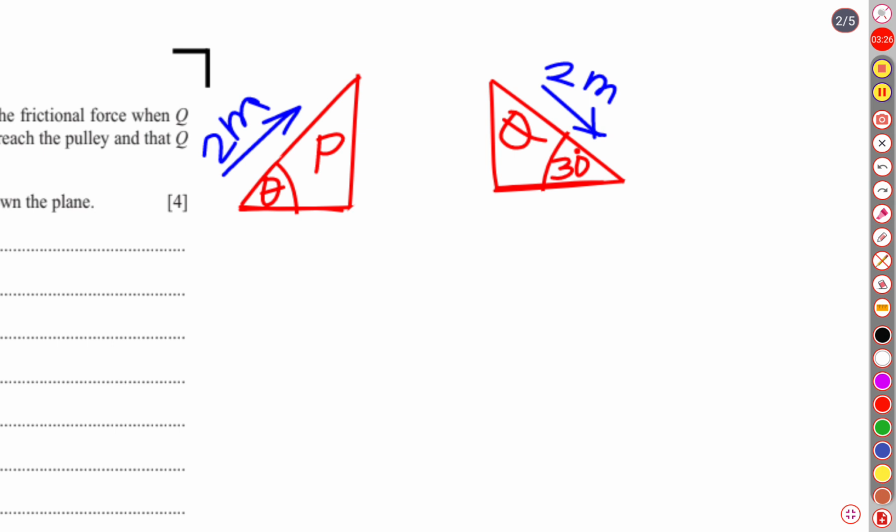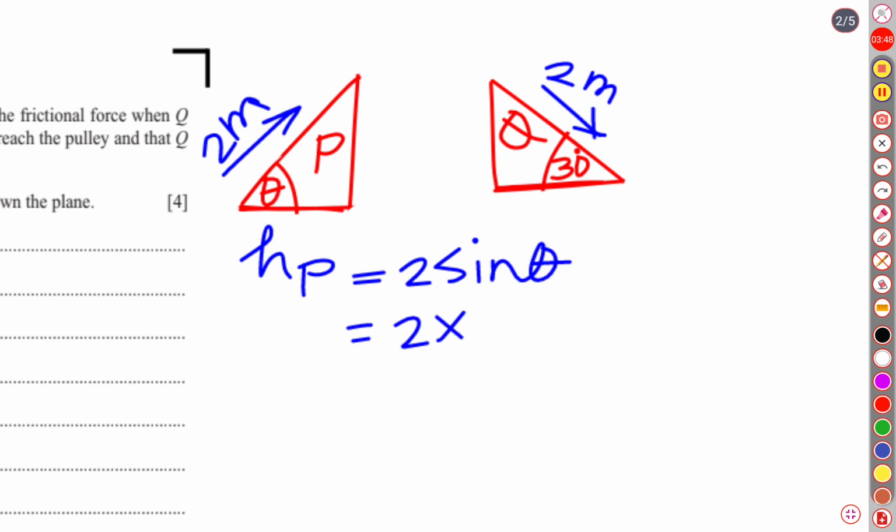Then the height traveled by P is going to be 2 sin theta. Sin theta is already given in the question. Sin theta is 0.4.